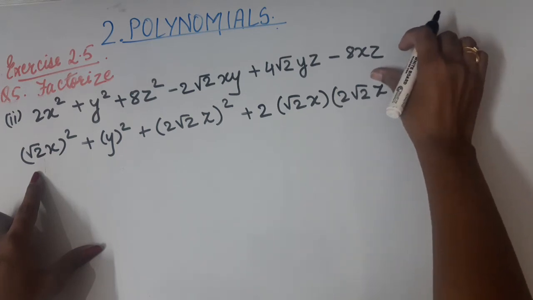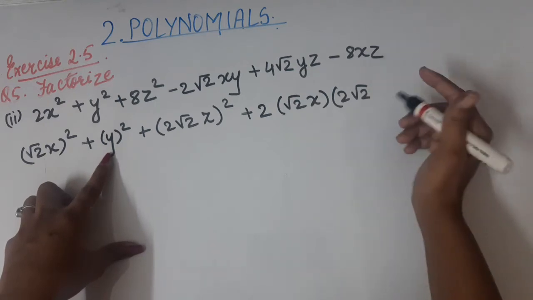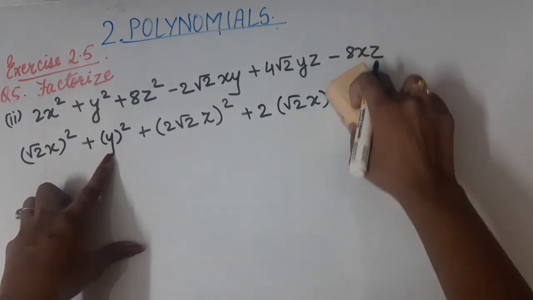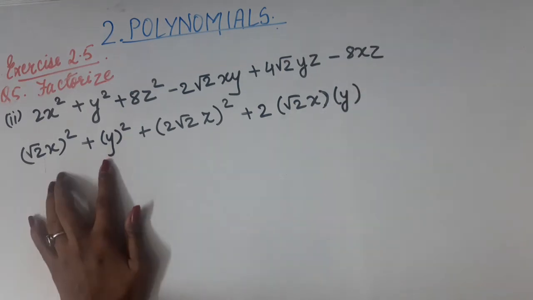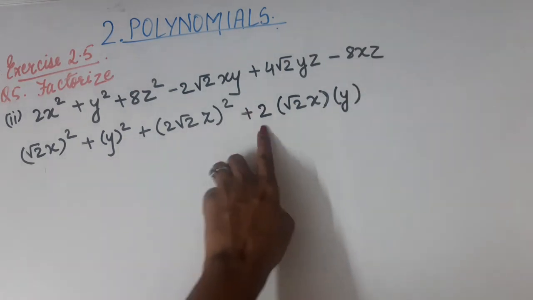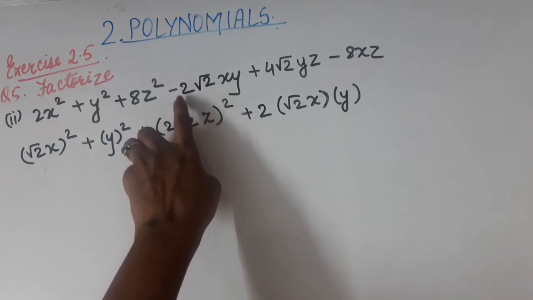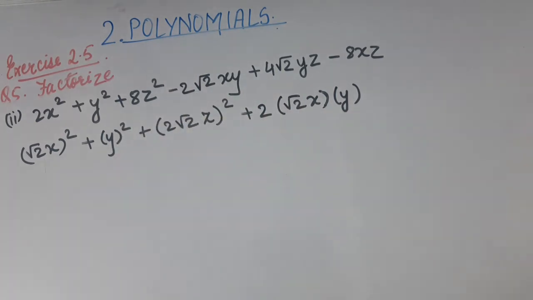Sorry, b is what? Y, right? So if I multiply this, I will get this, but I want negative sign, and here I'm getting positive 1. So either a or b is negative.